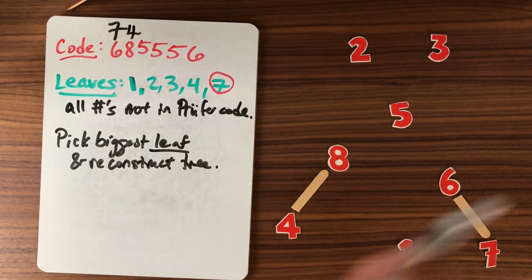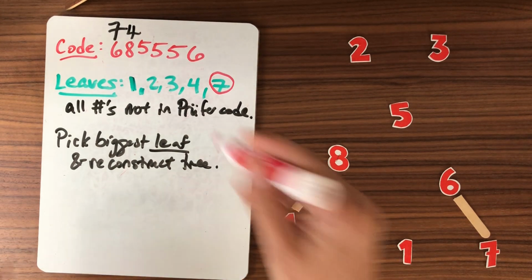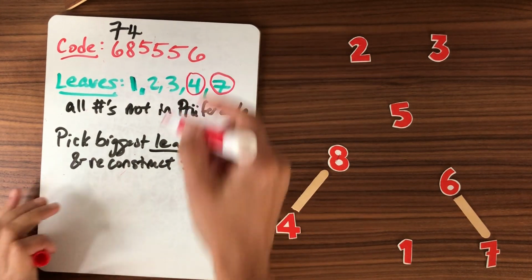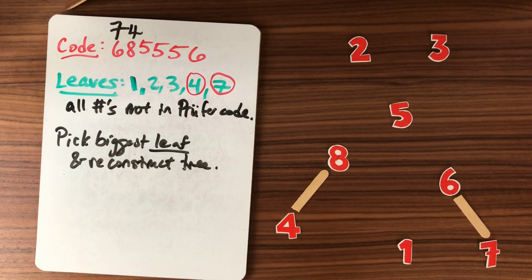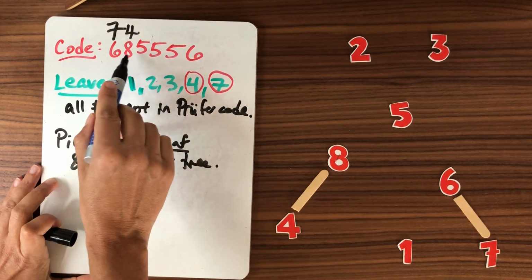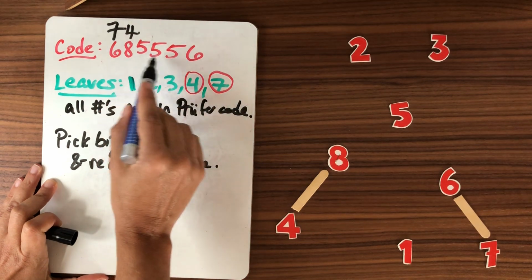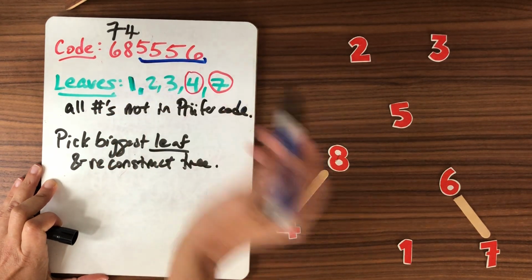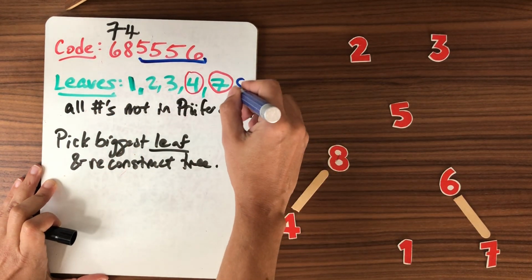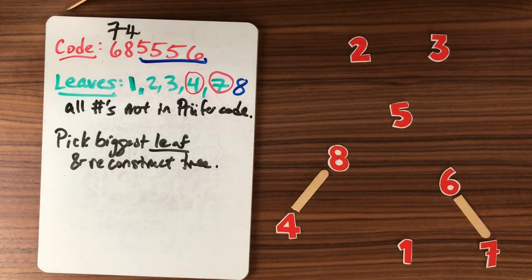So I've eliminated 4 and 7, so these are no longer leaves. But now I have a new leaf candidate that's been added because I've taken out the 6 and the 8, but there's already a 6 here. So 8 is not in this subsequence. So now 8 is a candidate to be a leaf as I continue with my Prüfer code.